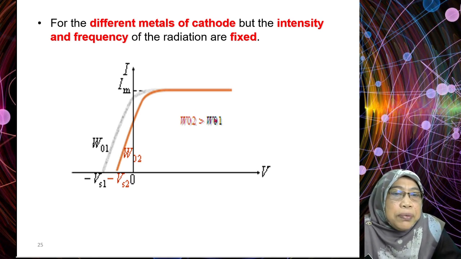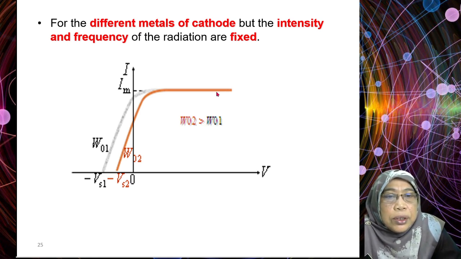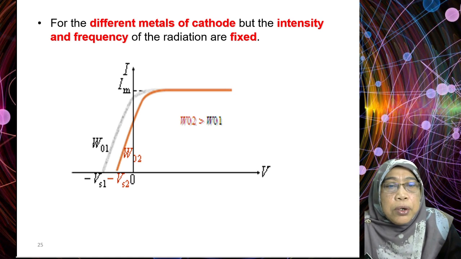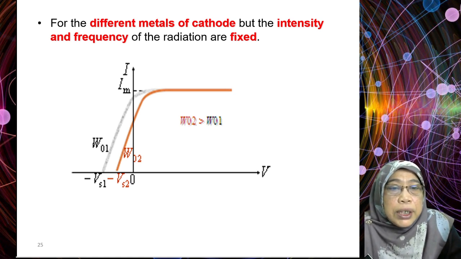Okay, let's say the work function of metal 2 is higher than the work function of metal 1. So in your graph, this one is for metal 2 and this one is for metal 1. Since the work function of metal 2 is more than that of metal 1 and the energy from the photon is the same, more energy is needed for metal 2 in order to eject the electron.